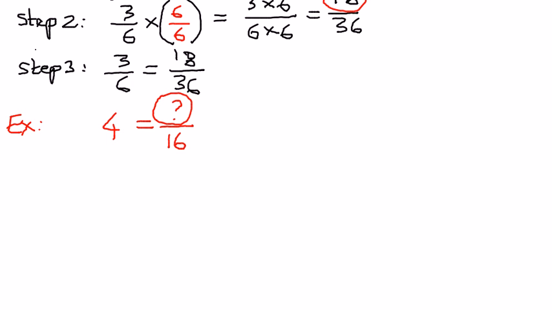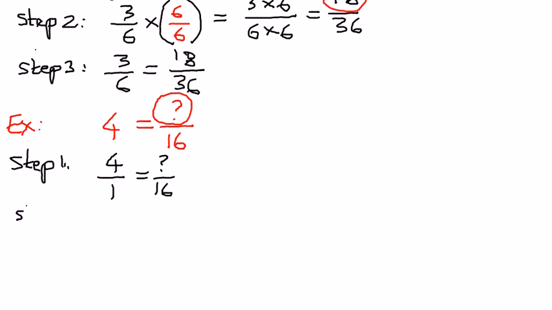So as a first step, for the whole number, we can always write that as a fraction by writing the denominator as 1. 4/1 is a fraction, but it is also the same as 4, is equivalent to what number divided by 16.